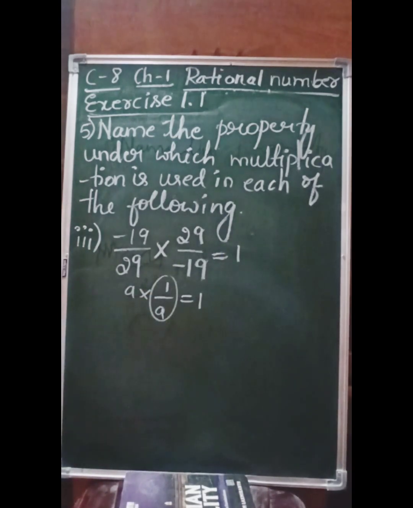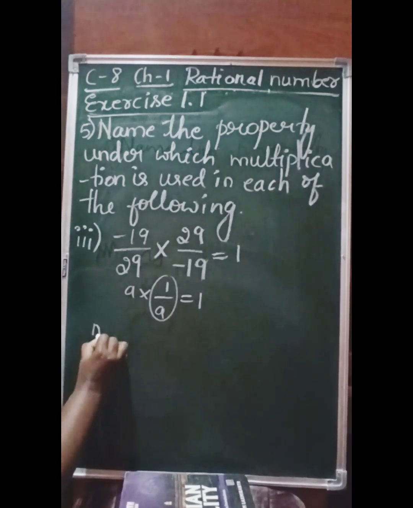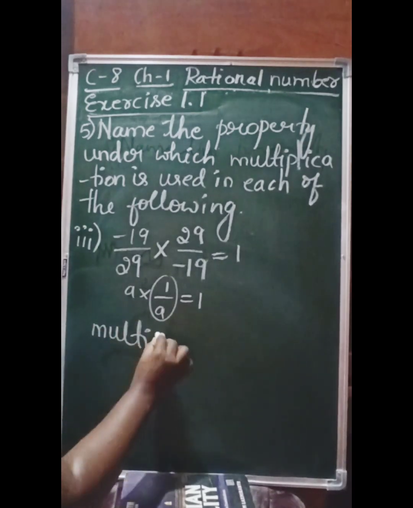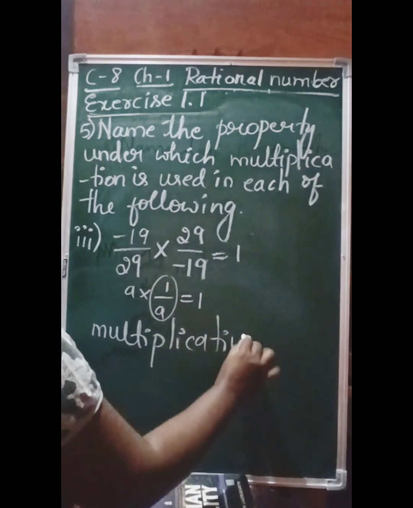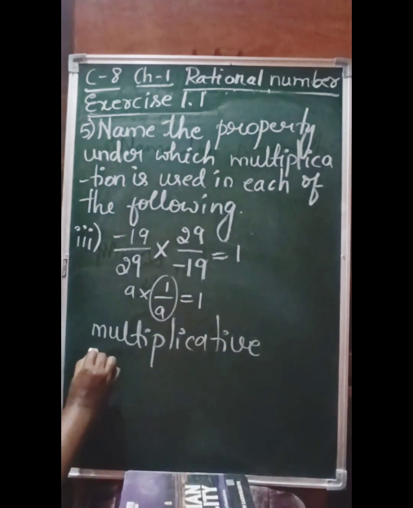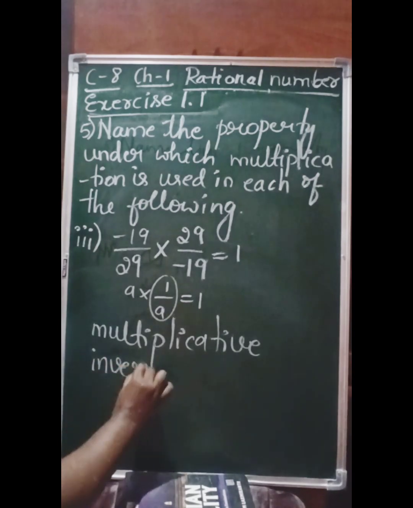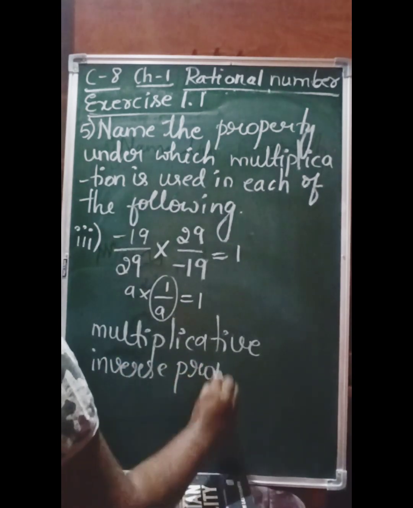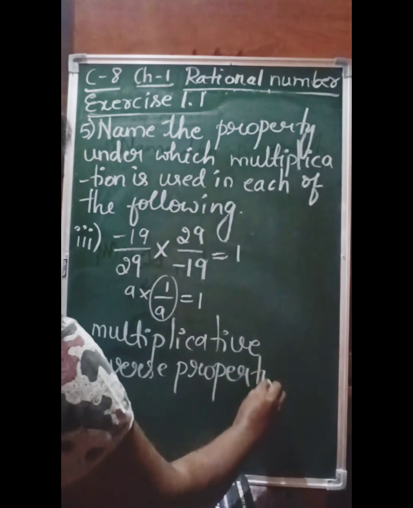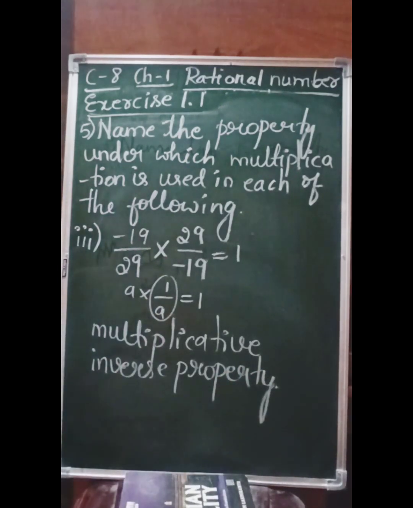So the given problem shows the multiplicative inverse property. This is how we can find out the property used in the question.